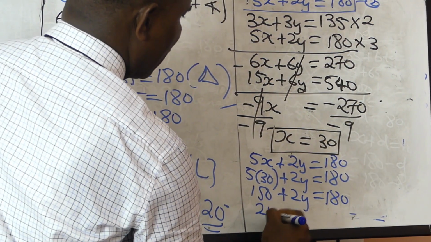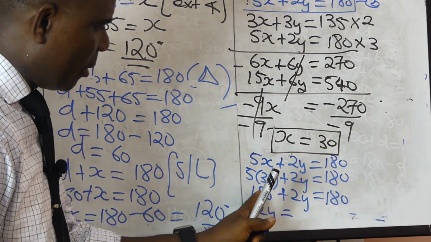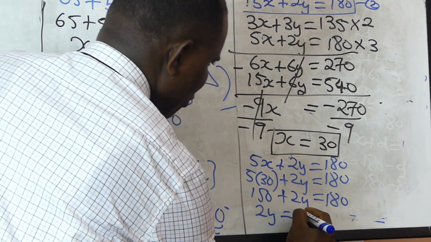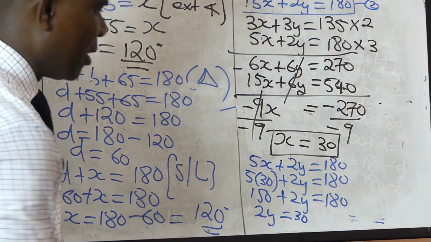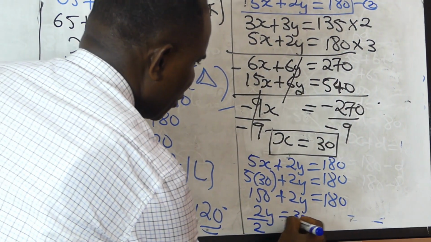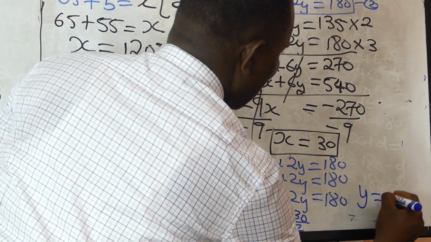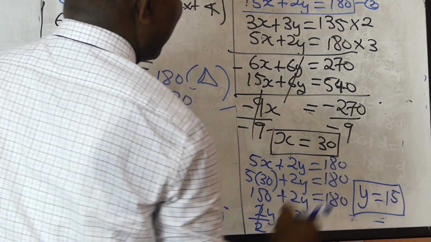So 2y is equal to, because of space, I'm going to transpose, 180 minus 150. This is going to give me straight off 30. So I divide both sides by 2. So now we have y equal to 15. The value of y is 15, and the value of x is 30.